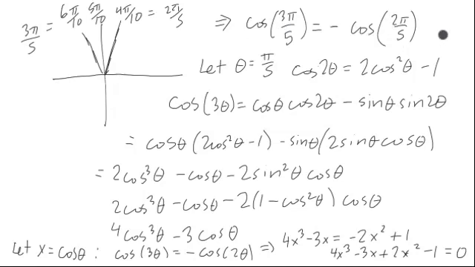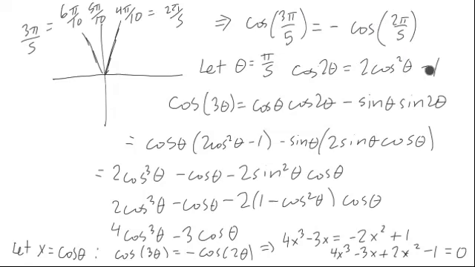Now we use identities here and here to get expressions in cosine of pi fifths, to get a polynomial that cosine of pi fifths satisfies. So first of all, this is 2 times the angle we're interested in. We can use this idea from the sum formula. You could even think cosine squared minus sine squared, which, using 1 minus sine squared and a negative, boils down to this identity.